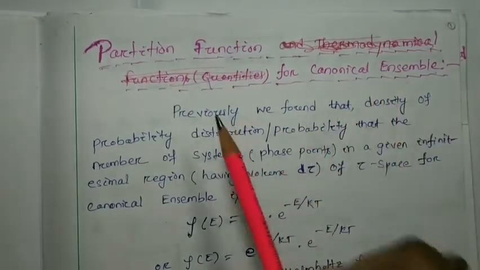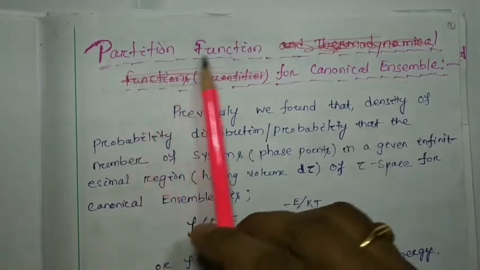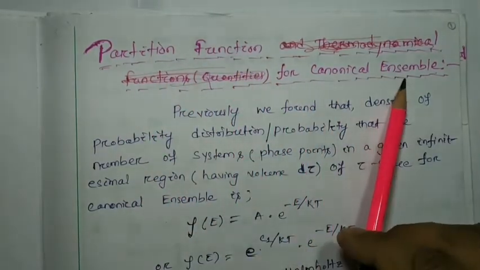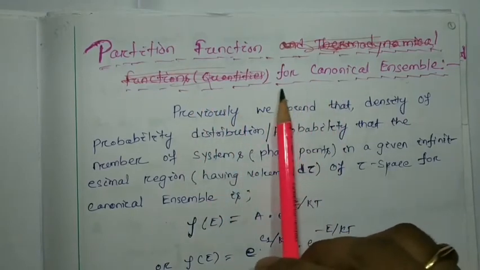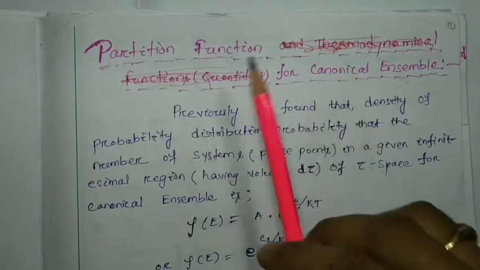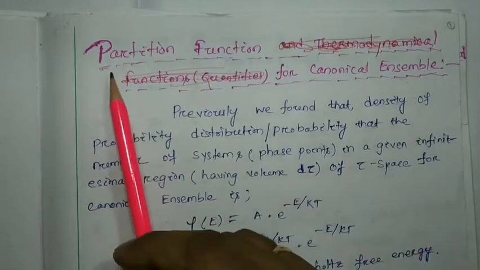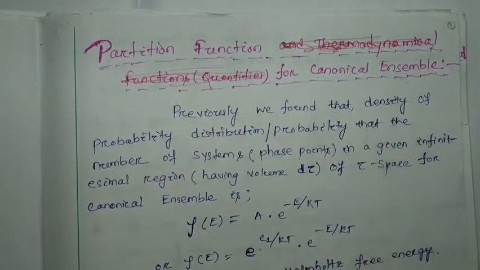In today's class we are going to discuss the partition function for the canonical ensemble. That was the microcanonical ensemble; here we have to discuss the canonical ensemble. First we discuss the partition function for the canonical ensemble.